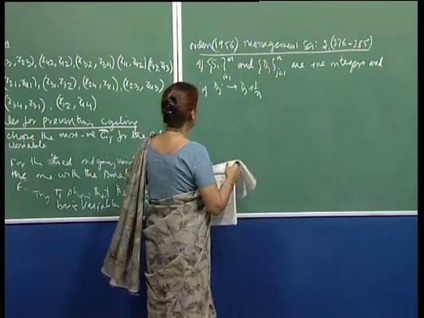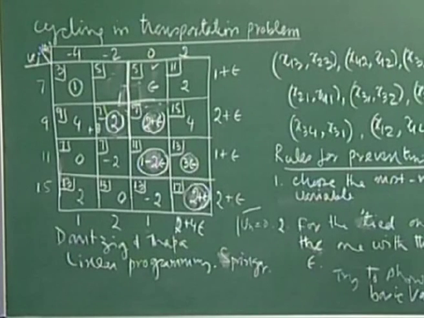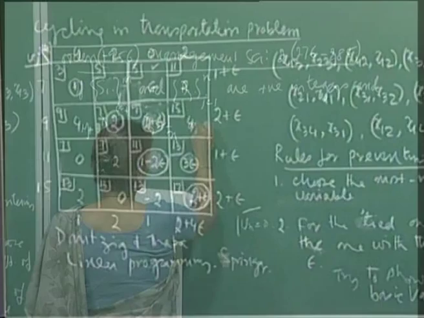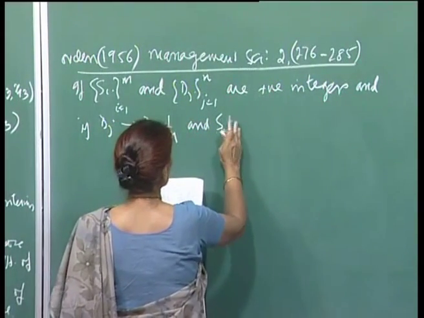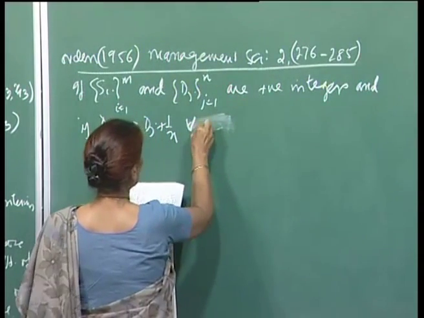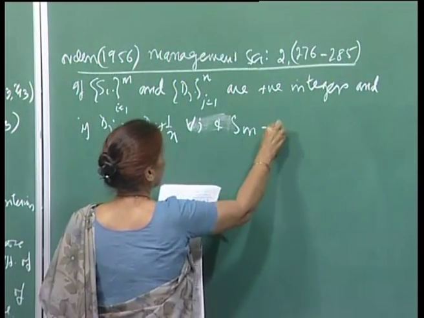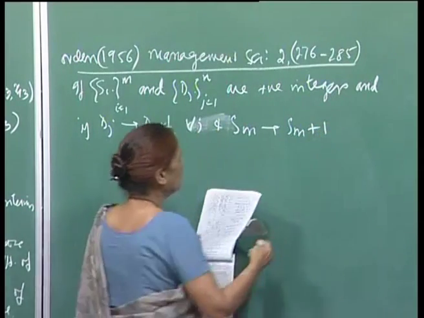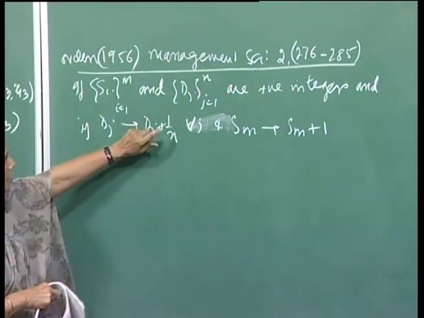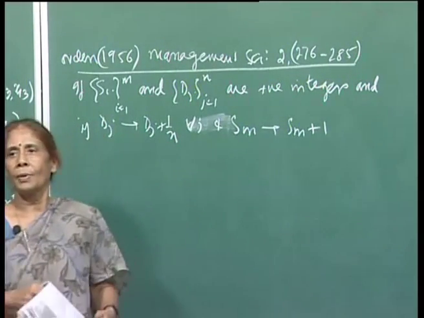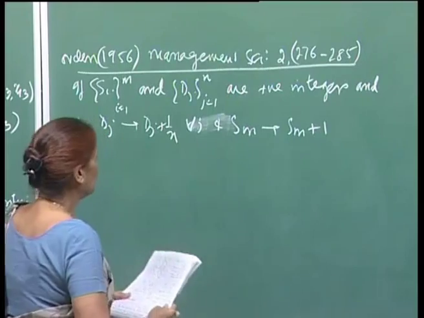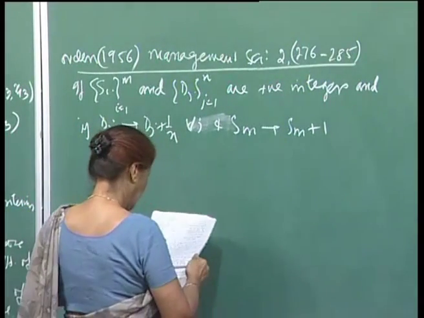So, you see here he is perturbing each of the demand points' demands. Then sm goes to sm plus 1, because n of these, the total is n into 1 by n, which is 1. So, you perturb the last supply point's supply as sm plus 1.